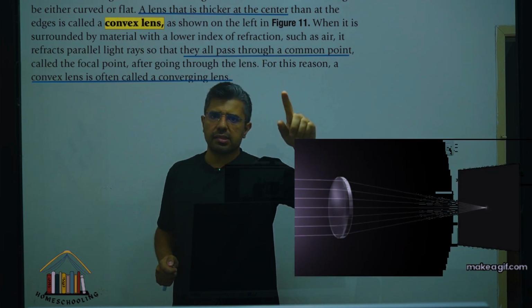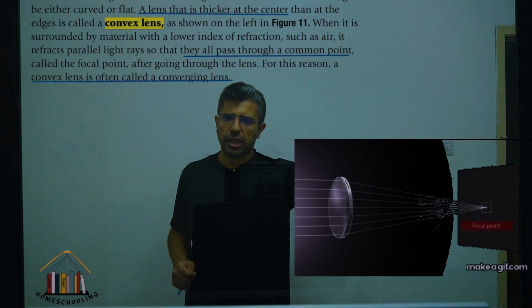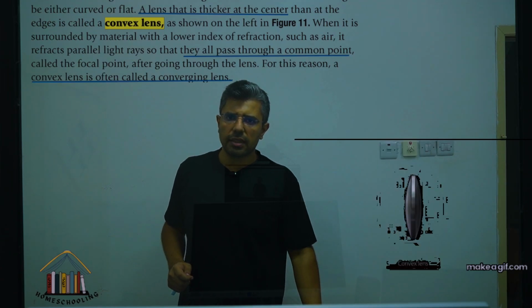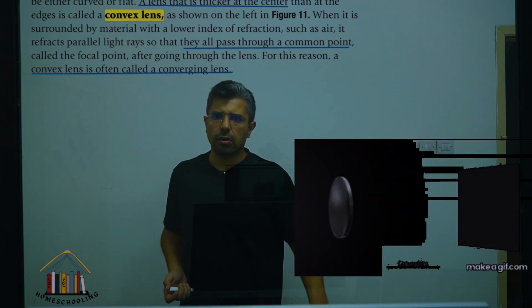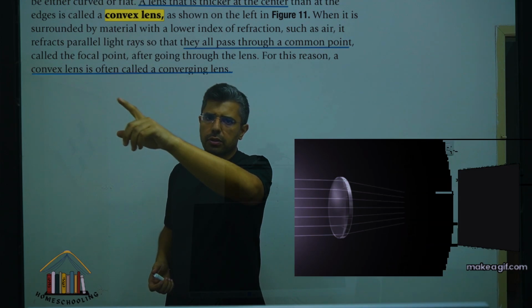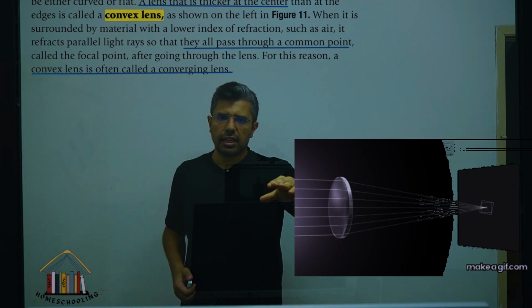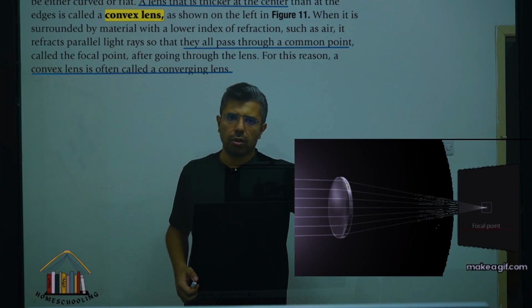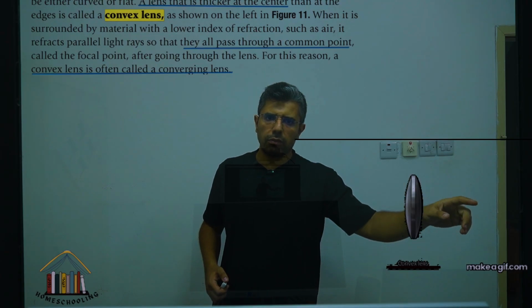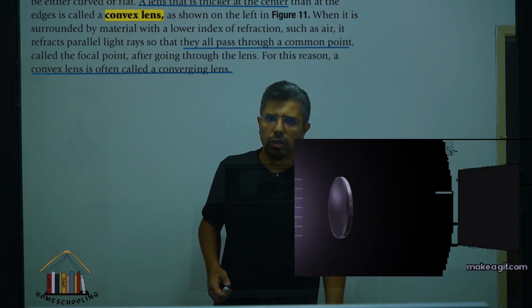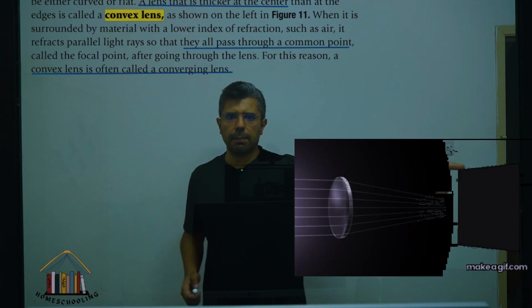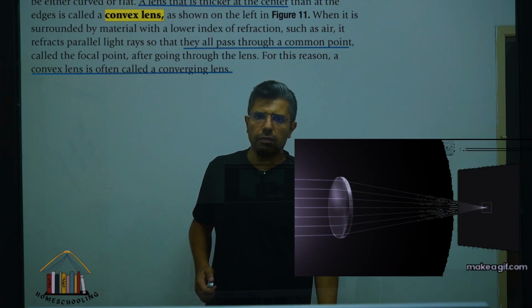How does this convex lens function? When the light passes through such a lens, all the light converges, as we see here. The light passes through the lens and converges to a single point. That's the main function of the convex lens.